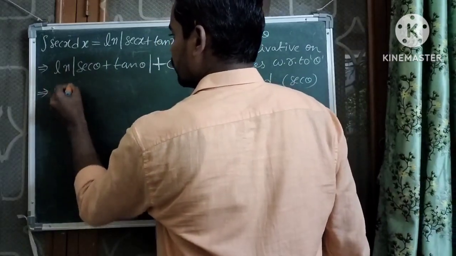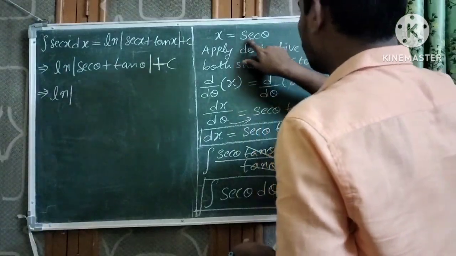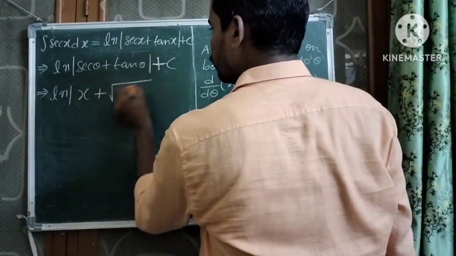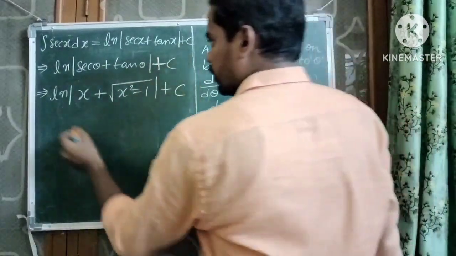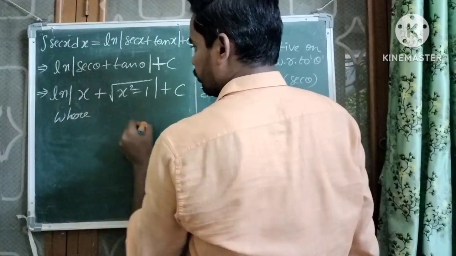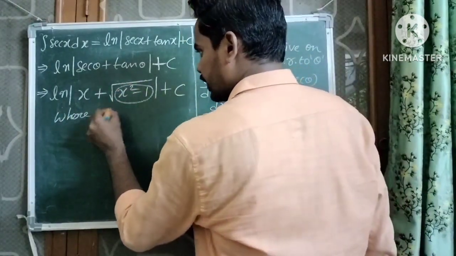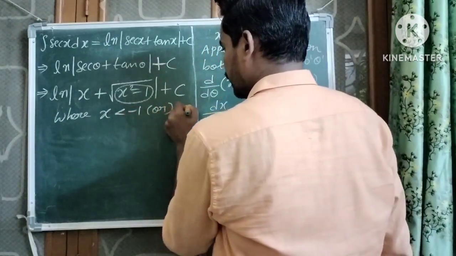ln secant theta plus tan theta. What is the actual value of secant theta? Secant theta is equal to x. And tan theta is root over x square minus 1, plus c. Remember, the square root of a negative number is not defined, so x must be less than minus 1 or greater than 1.